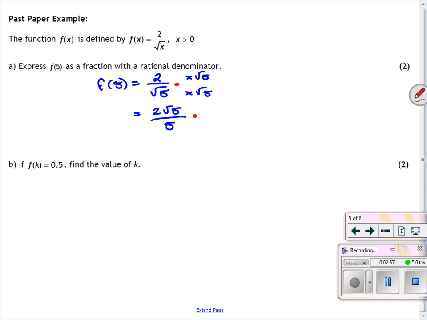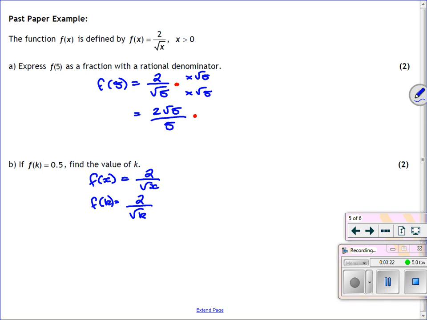So if f of k is equal to 0.5, find the value of k. So we already know that f of x is equal to 2 over root x. So that must mean that f of k would be 2 over root k.